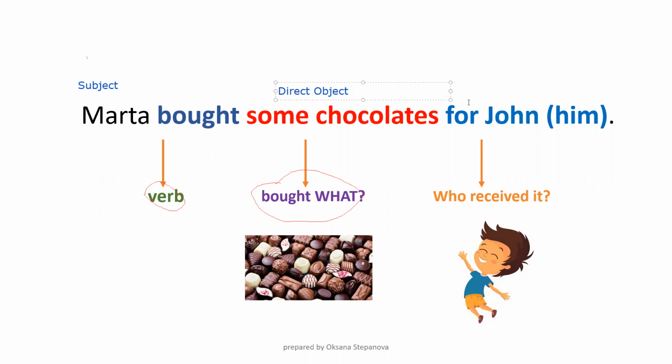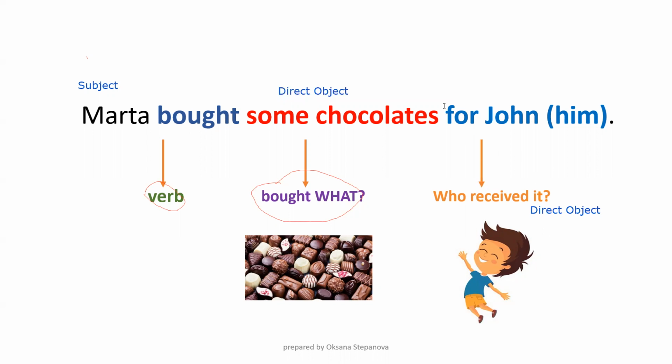For John, so the question is, who received the chocolates, right? Who received, not the action, but who received the chocolates? Who received the direct object? Yes, John received the direct object.